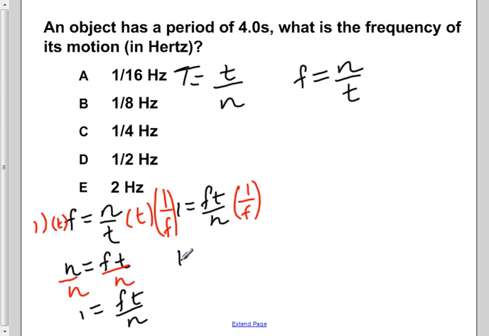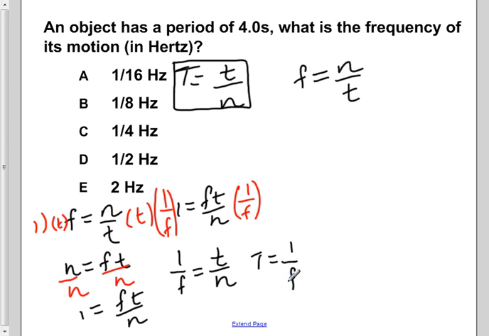This, in turn, will give us 1 over the frequency is equal to T over N. If we now look back to our equation for period, we see that our period is equal to T over N. So, knowing that T over N is equal to 1 over F, we can plug that in to find that the period is equal to 1 over F. We see that the period is the inverse of the frequency.